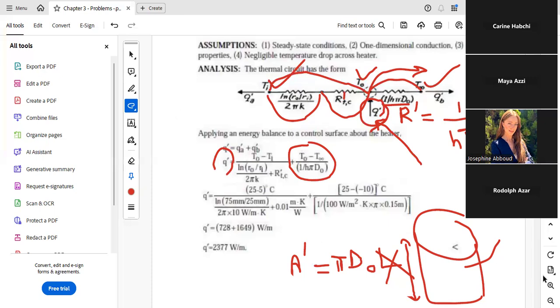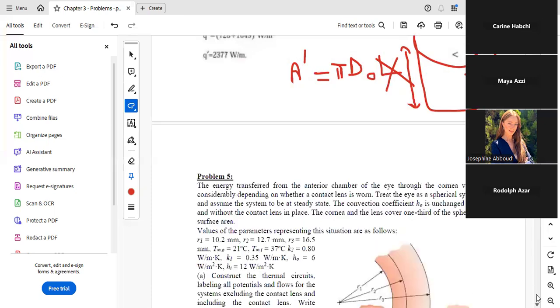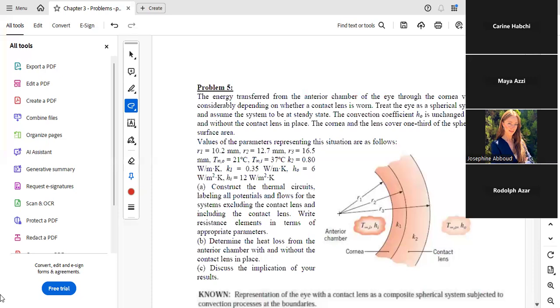Okay. Question on this? No. So you can see that the ideas will be repeated, okay? So you just have to know how to draw the circuit, how to identify your unknowns, and write the equation which will allow you to solve for your unknown.